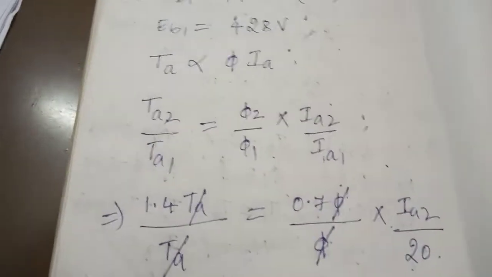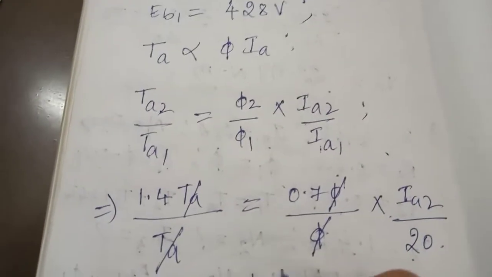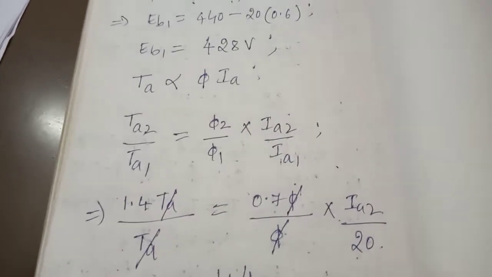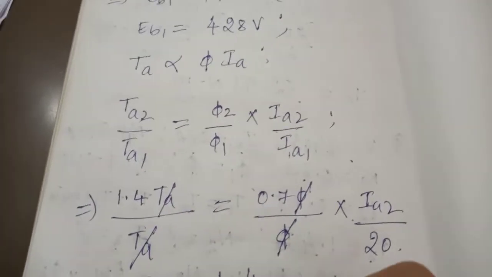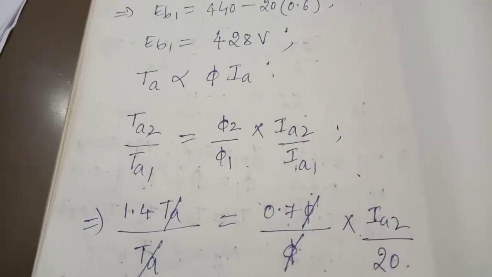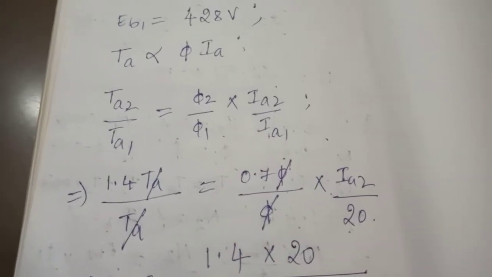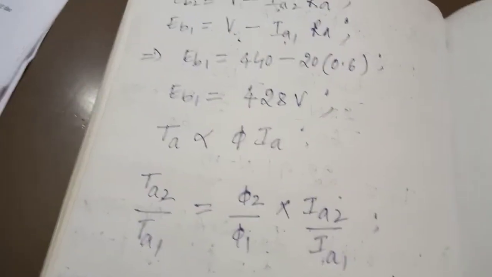So IA2 is equal to 1.4 into 20 divided by 0.7, right? 0.7.